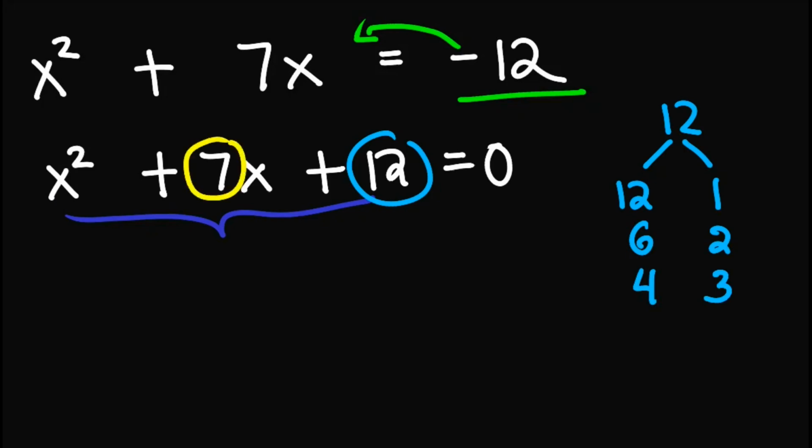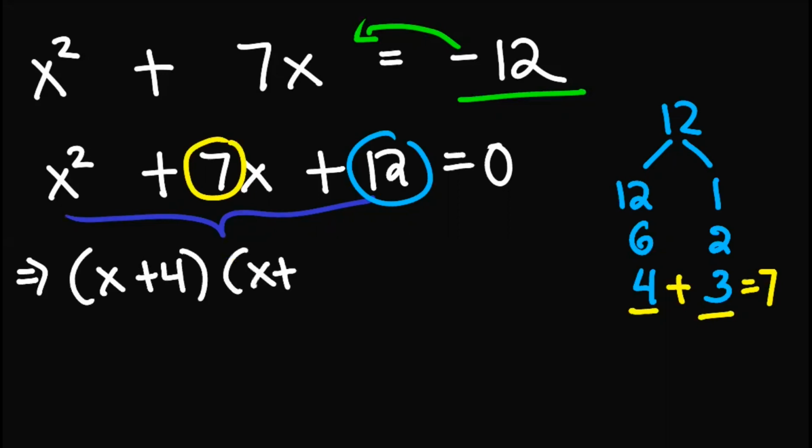Since the middle term is positive 7, we check which combination has a sum of 7. Clearly, the only possible is 4 and 3, since 4 plus 3 is equal to 7. And so, we know that this factors into x plus 4 times x plus 3 equals 0.